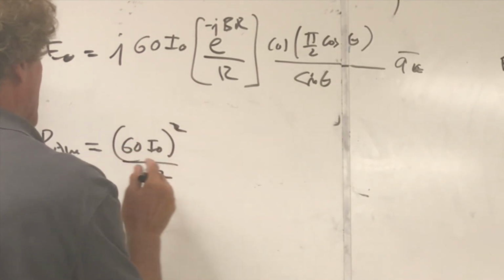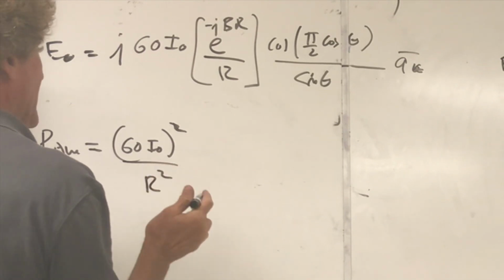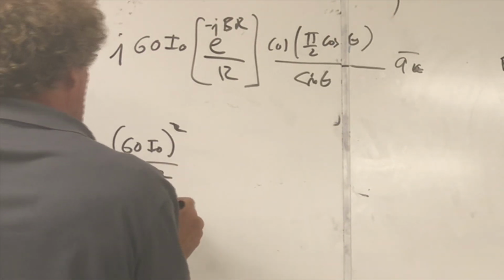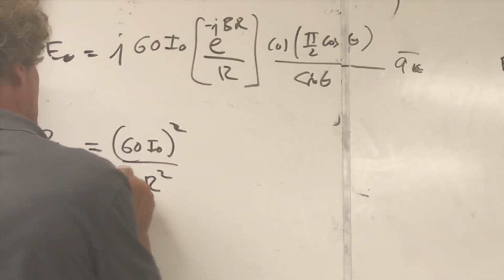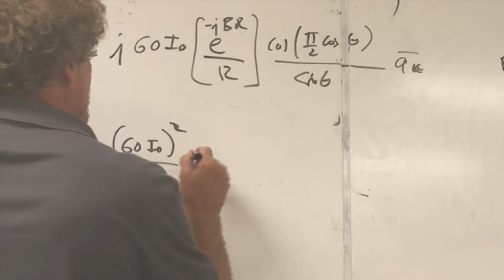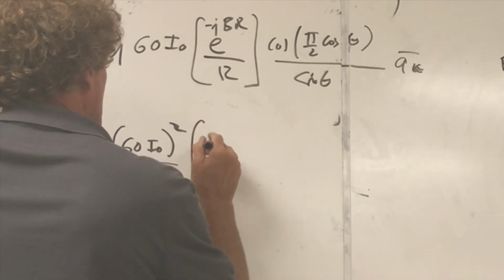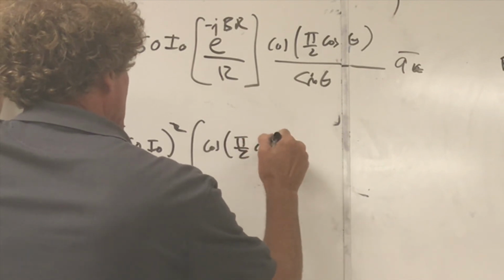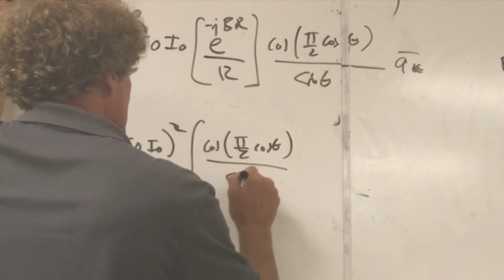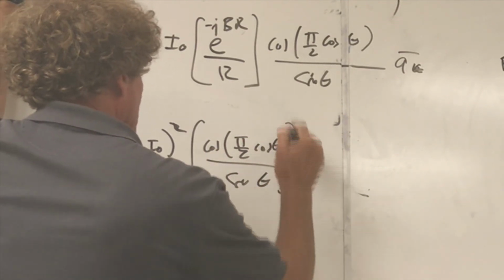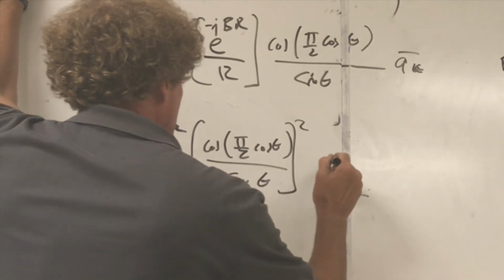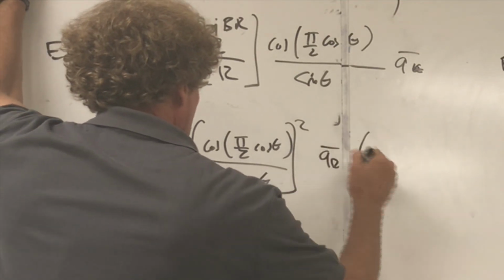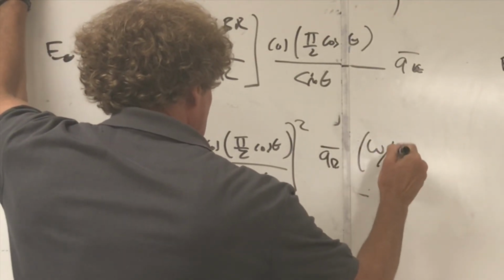Right, now I'm just taking E squared, then I'll divide by eta naught in a second and put a one half. It's going to be divided by 2 eta naught. And then it's going to be this angular function, cosine of pi over 2 cosine of theta divided by sine of theta, squared. And this would be in the a r direction, and it would be watts per meter squared.